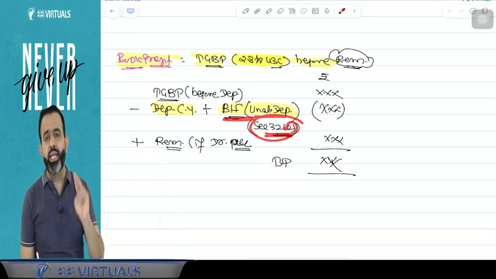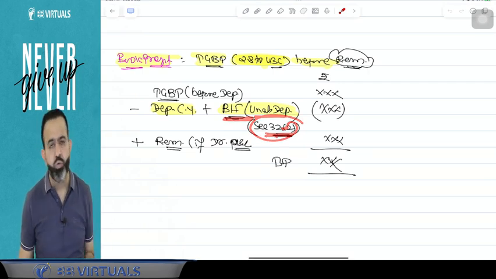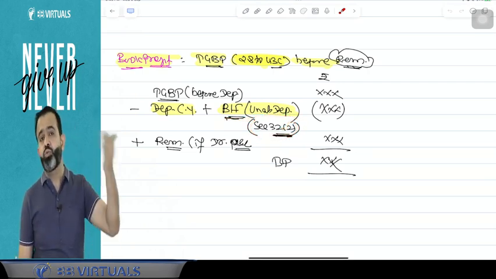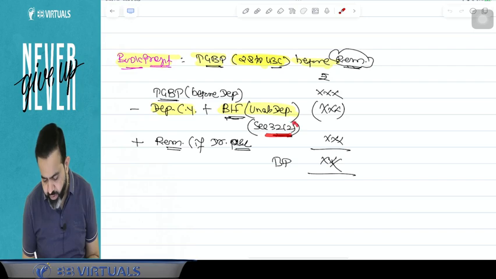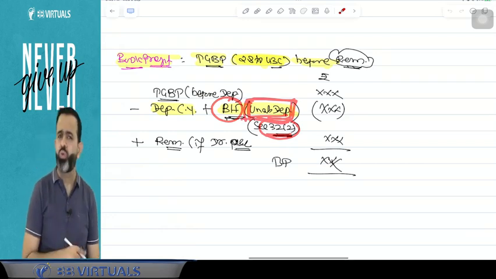And the lawmaker says to calculate PGBP income as per sections 28 to 43C, so it covers 32(2) also. So whatever your brought forward unabsorbed depreciation, you also have to reduce.